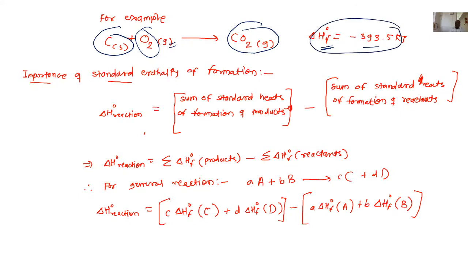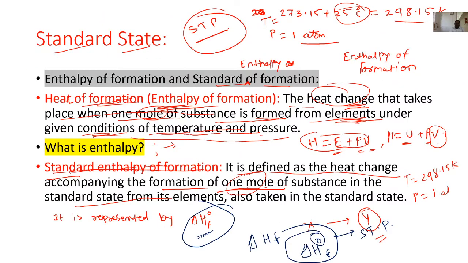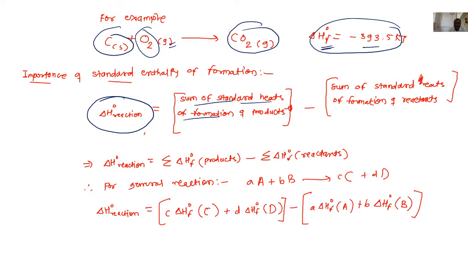The delta H0 of the reaction at the standard condition is equal to the sum of standard heats of formation of products minus the sum of standard heats of formation of reactants.